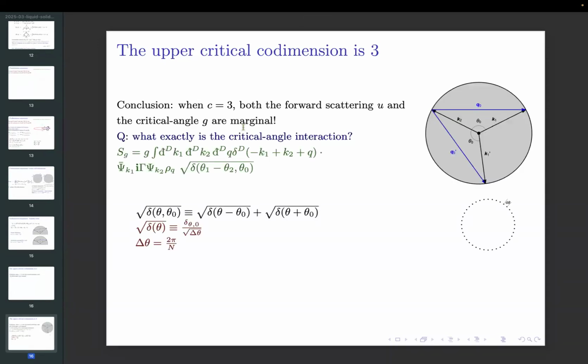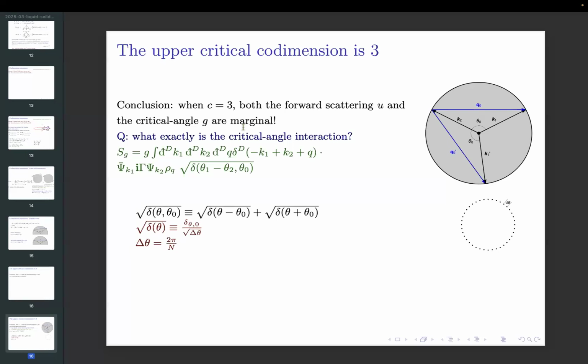There's one slightly unsavory point about this, which is that the kinematics of this cubic interaction, the Yukawa interaction, are a little funny. We can't exactly set the points to all be exactly on the Fermi surface. Something funny also happens in the Fermi liquid case, but there we constrain the angle of the scattering between the fermions to be equal to this theta naught, the parameter that we introduced.